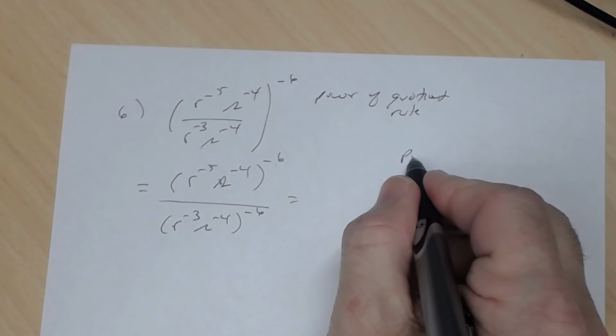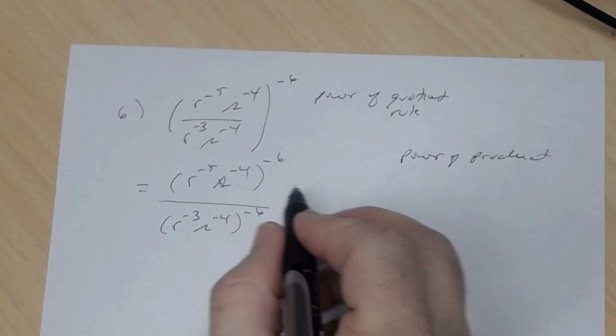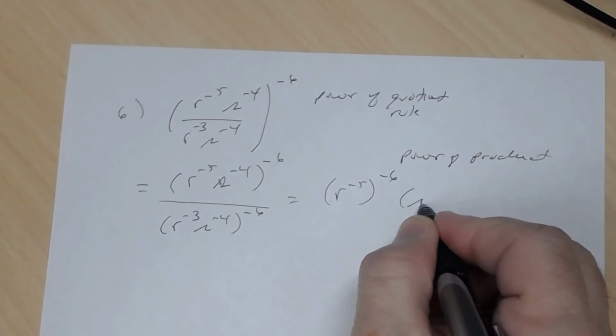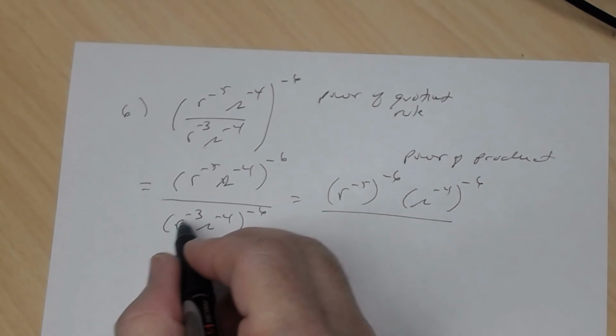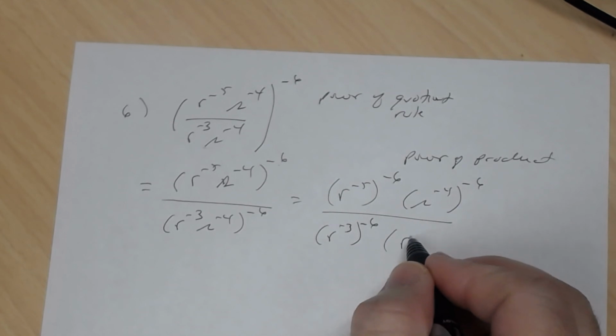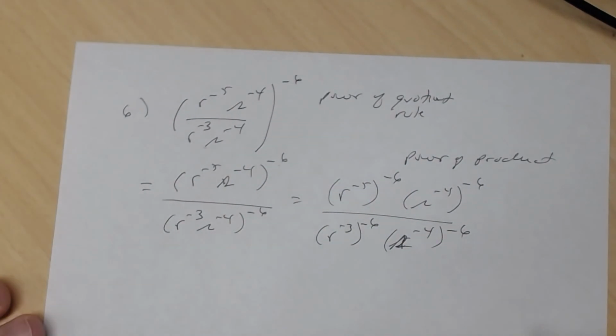So you're going to say r to the negative 5th raised to the negative 6th power times s to the negative 4 raised to the negative 6th power, divided by r to the negative 3rd raised to the negative 6th power times s to the negative 4 raised to the negative 6th power.